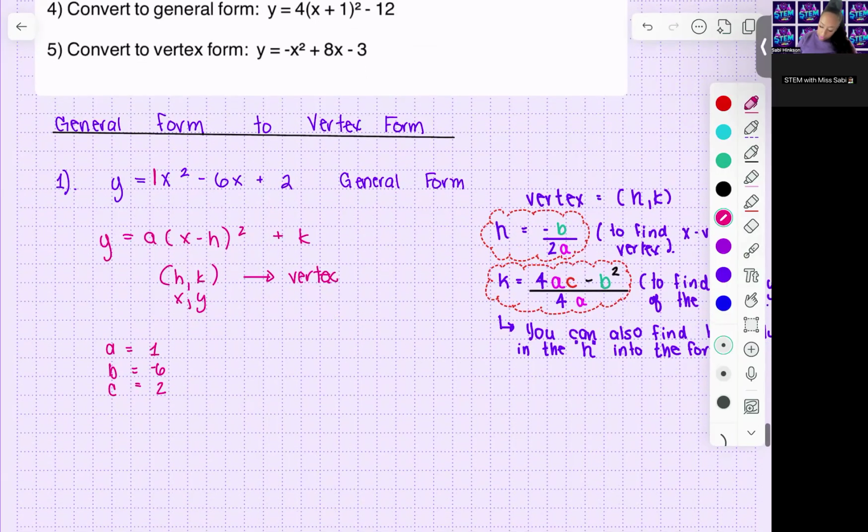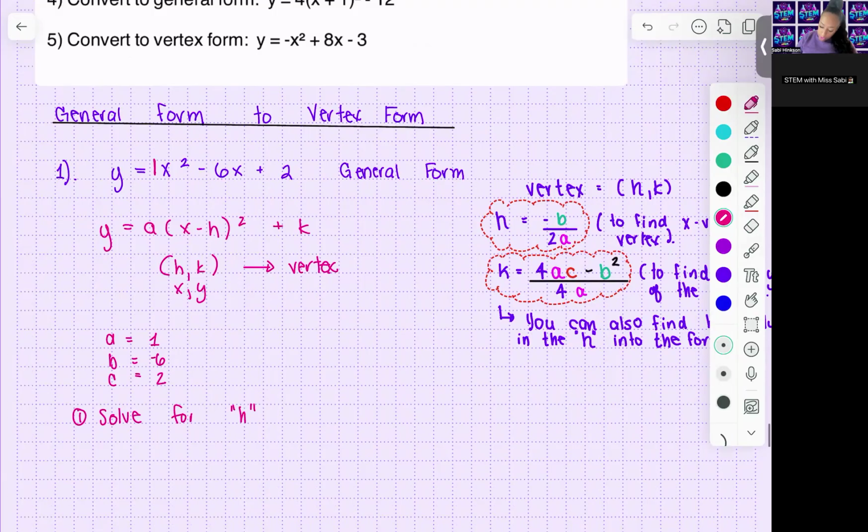Now I'm going to solve for H. H is equal to -B over 2A. So what is my H?